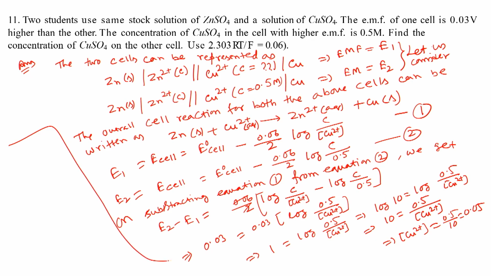Therefore, the concentration of CuSO4 in the other cell is 0.05 molar.